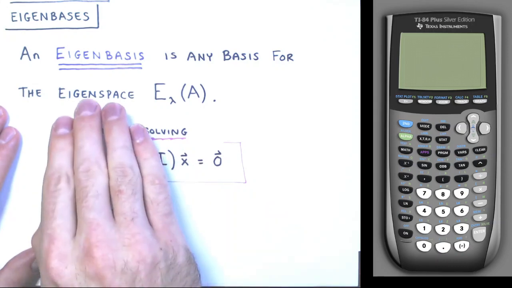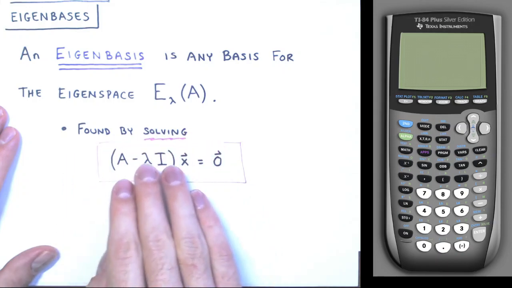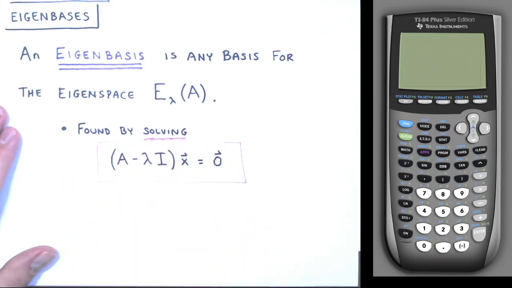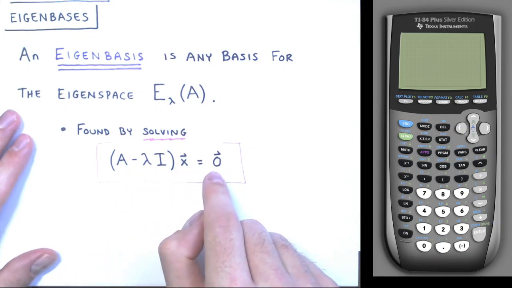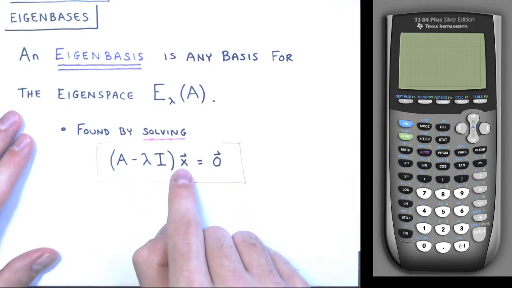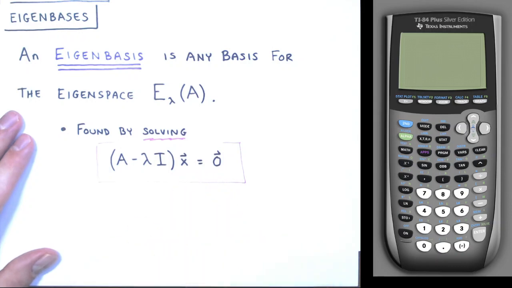The way these are found, I've done in previous videos: if you've been following, you've seen me state the eigenspaces of certain eigenvalues, certain values of lambda, by finding the solutions to this equation, A minus lambda I, where I is the identity matrix, times x equals the zero vector.